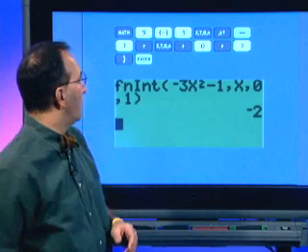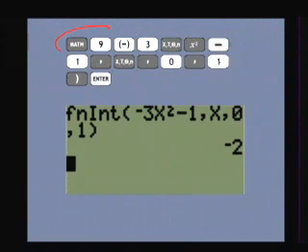and find the integral. It's located by hitting the math key and then the 9 key. On a TI-84, it's going to come up with fnInt. However, on your TI-83 plus, you will see instead that it will come up with nInt.